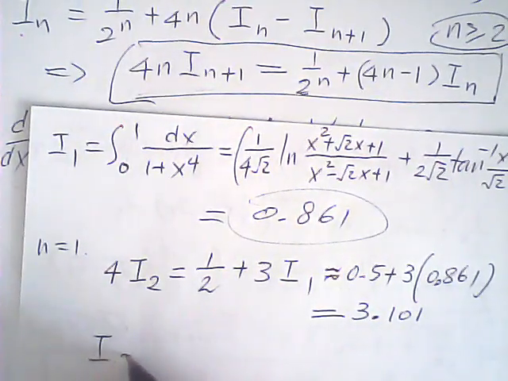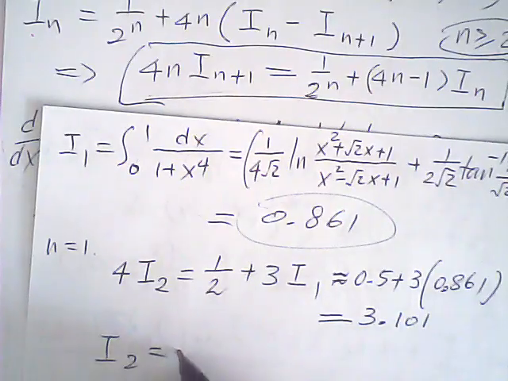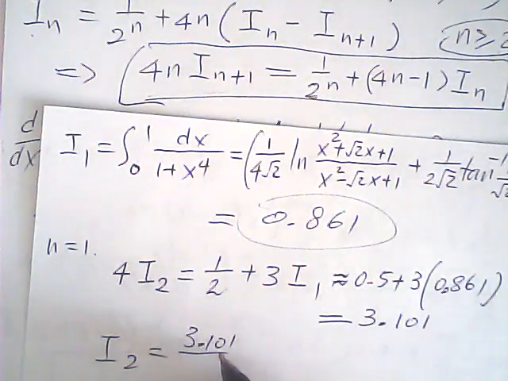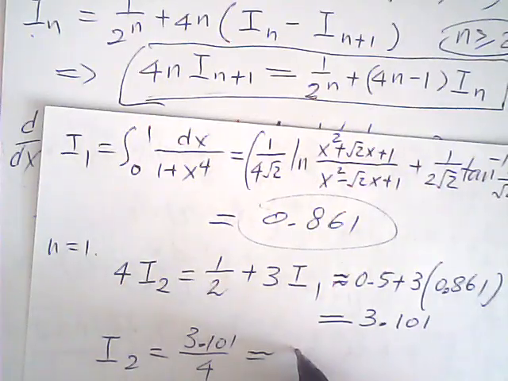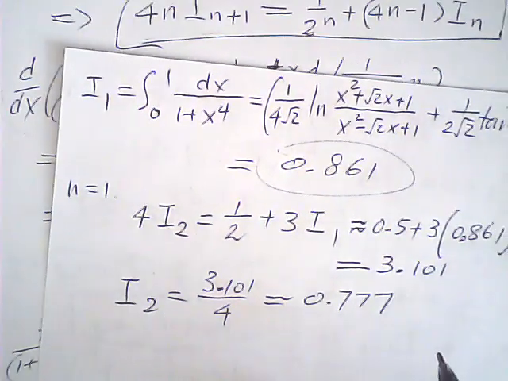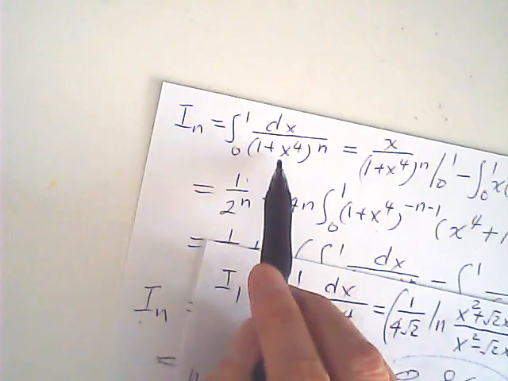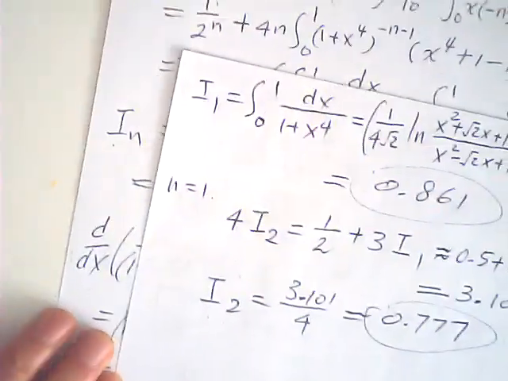So I2 is equal to 3.101 divided by 4, which is equal to 0.777. Yeah, this is my I2. I2 is dx over 1 plus x to the fourth squared, integral from 0 to 1.